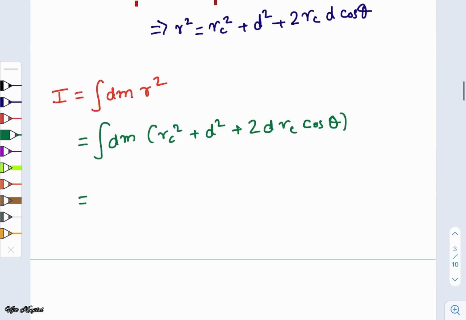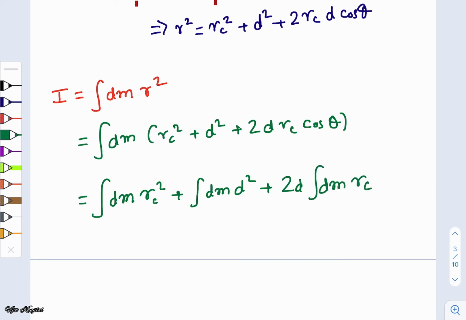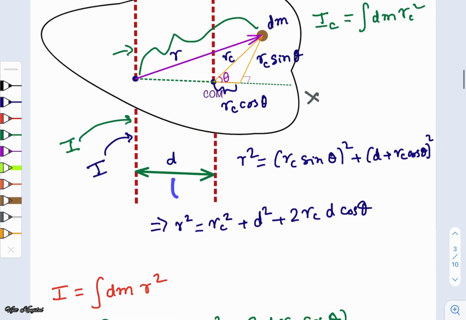We get the integral of dm rc squared plus the integral of dm d squared plus 2d times the integral of dm rc cosine theta, as d, the distance between these two axes, is a constant.